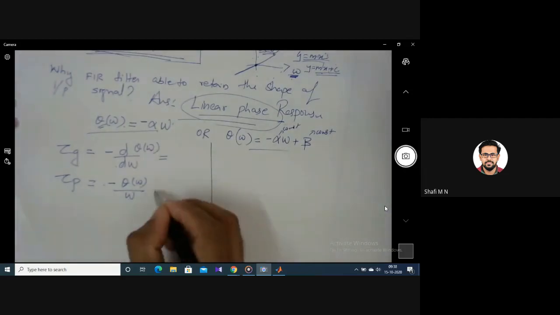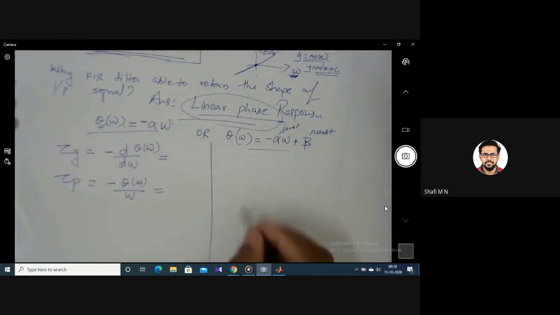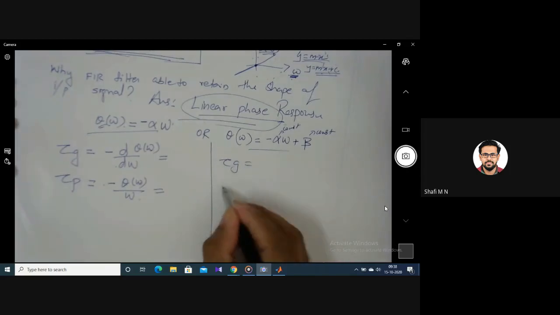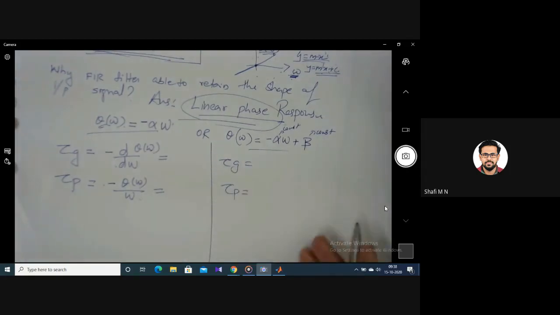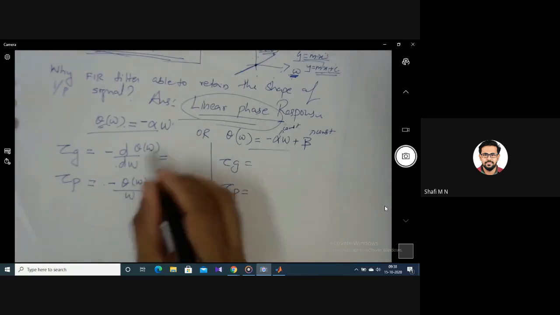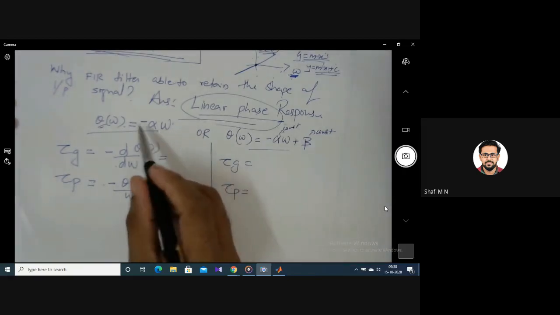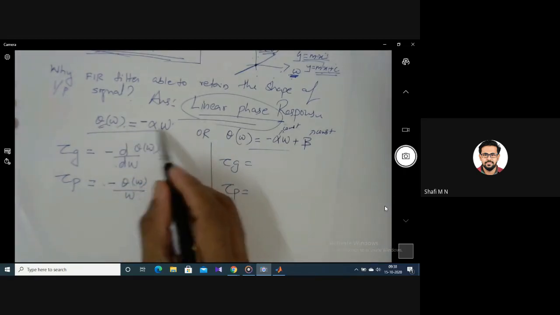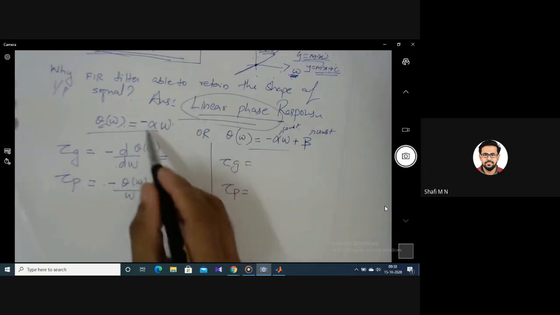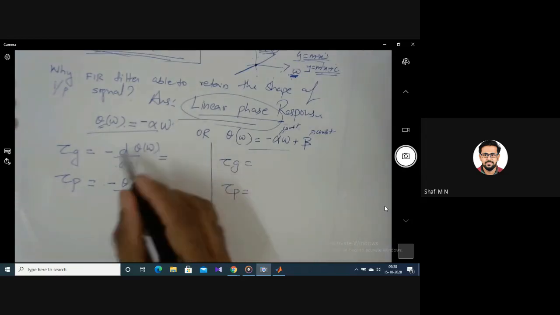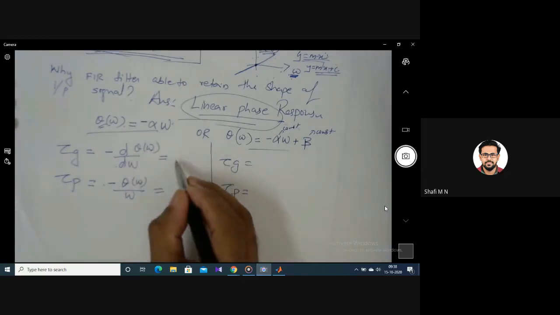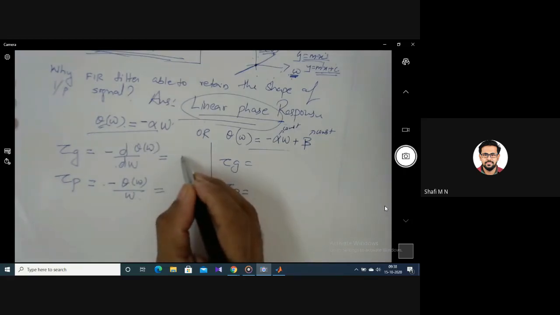All of you help me to find tau g and tau p for both cases. So what is tau g in this case? Theta of omega is minus alpha omega, the equation of a straight line. Minus minus will become plus, and the derivative of alpha omega with respect to omega is alpha.